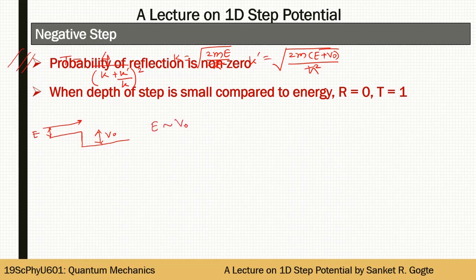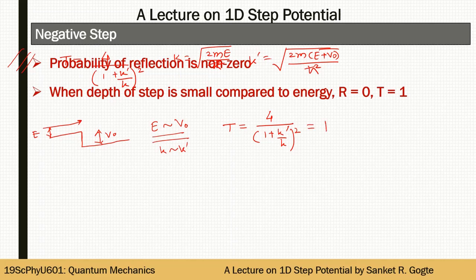They have similar values. And when this happens, let's see what happens to T. T is 4 divided by (1 plus k prime by k) whole square. So when E and V0 are the same, k and k prime are almost the same, and therefore this is equal to 1.